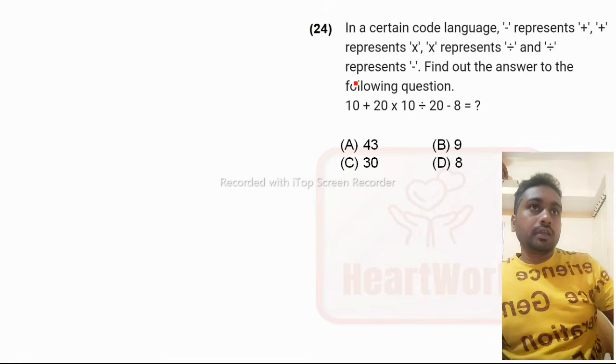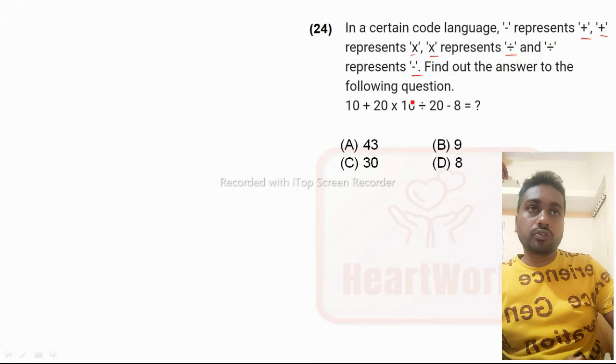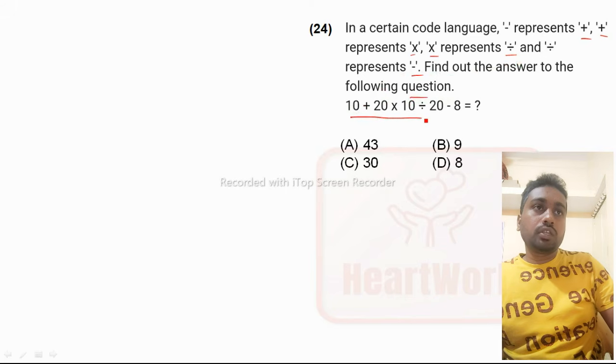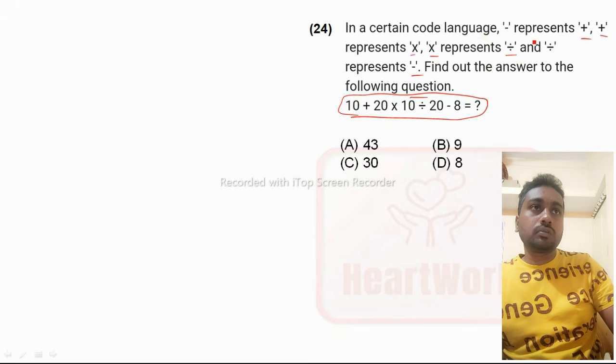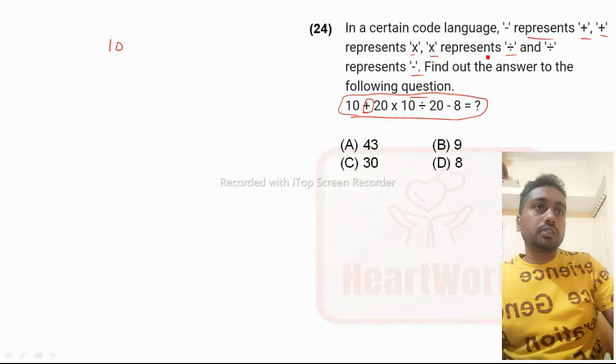Next, in a certain code language, minus represents plus, plus represents into, into represents divide, divide represents minus. Find out the answer to the following question. So here one question is given. We have to arrange this question according to these representations. So 10 plus: plus represents into, so we have to write into here.